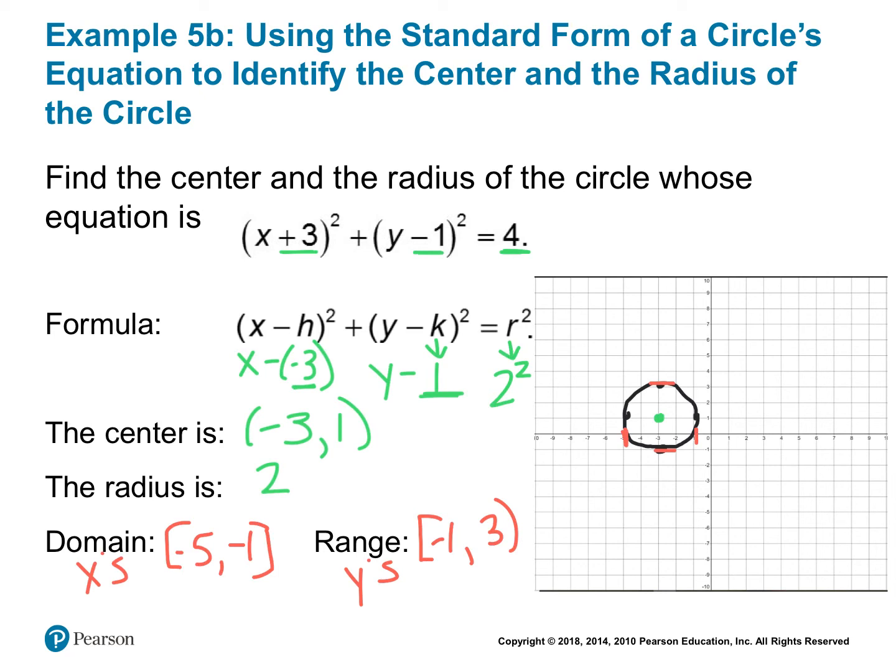And you should make sure that these numbers should be 4 apart. And sorry, that should be a bracket. Because the radius was 2. So if you had a radius of 2 plus another radius of 2, your distance across the circle should be a 4 going this way and a 4 going that way.